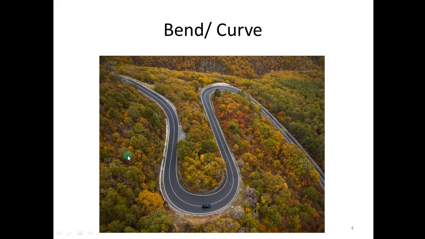If this were a plain, then we could construct the road straight from here to here, but this is not a plain. This is a hill, so we have to turn, take the curves, and go up.